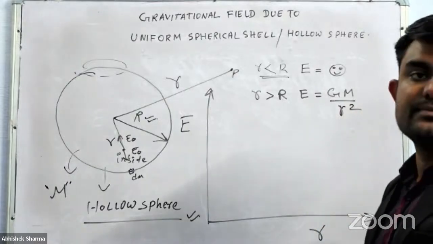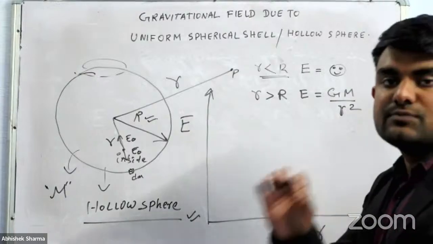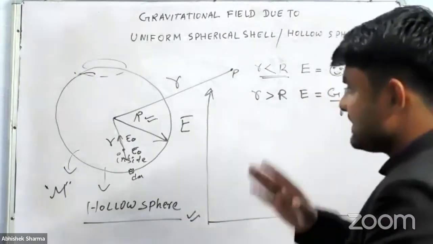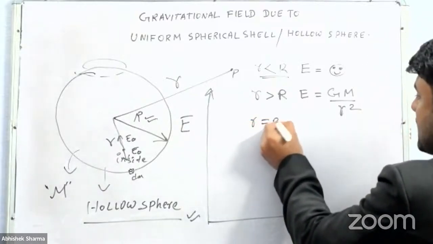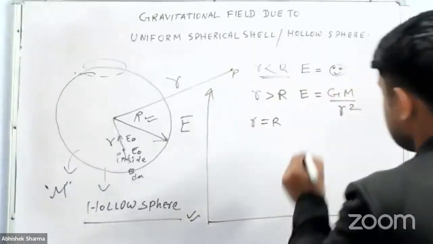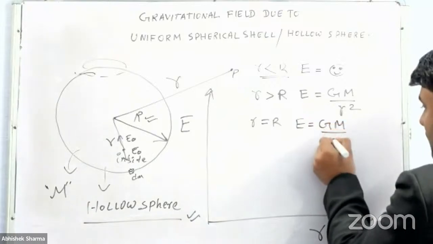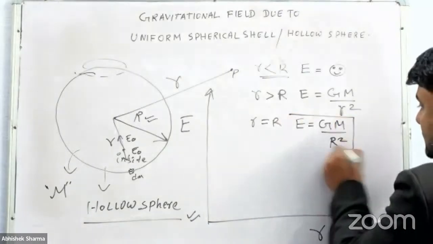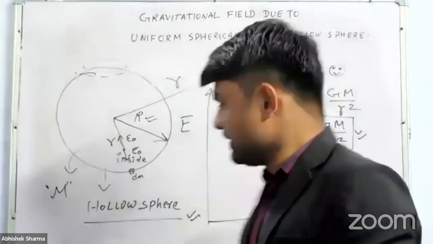If we want to find it at the periphery points, we'll say small r is equals to capital R. Just substitute. You have to just do the substitution. So we'll say E is G M upon R square. It's done. Very good.